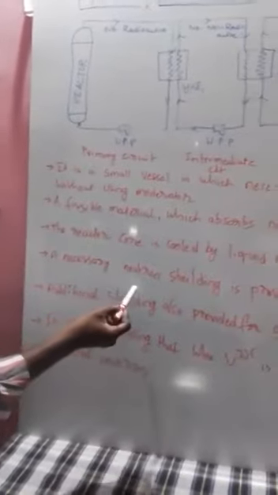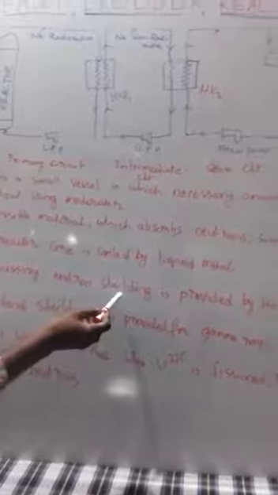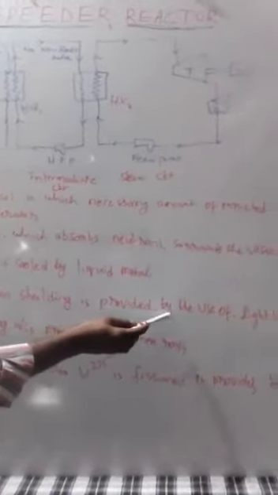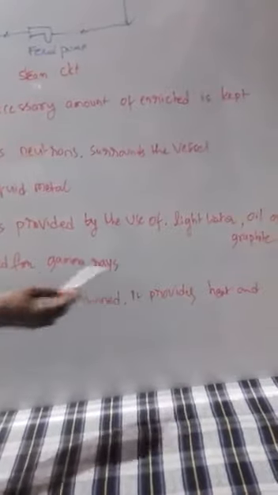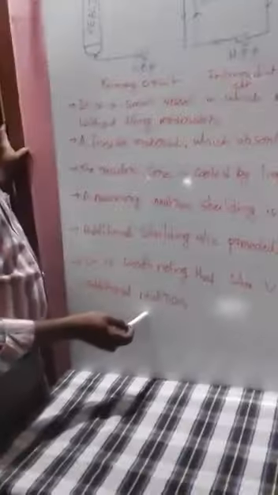A necessary neutron shielding is provided by the use of light water, oil or graphite. Additional shielding is also provided for gamma rays. It is worth noting that when uranium-235 is fissioned, it provides heat and additional neutrons also.